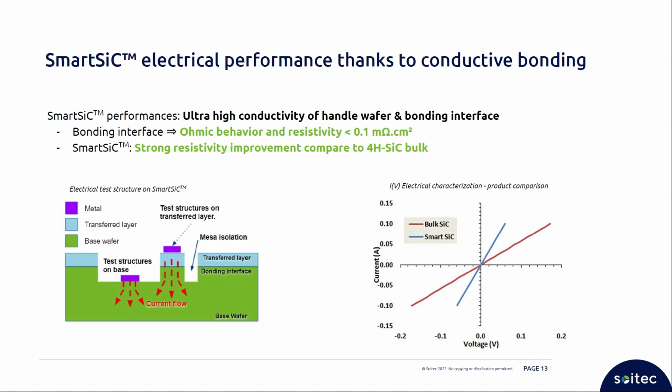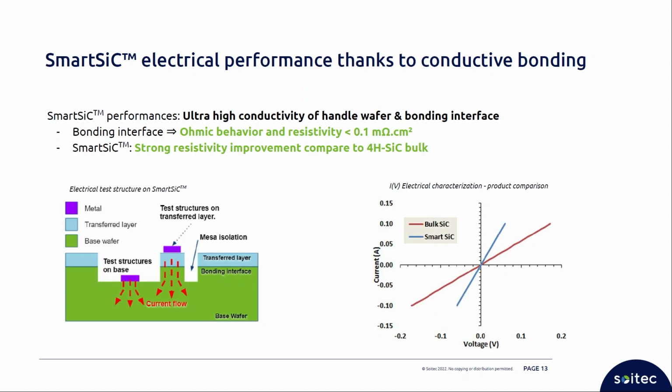Electrical conductivity is measured with dedicated methodology, where we generate and test structures, and then we measure the current flow under different conditions, and we confirm that we have an ohmic behavior of the bond. We confirm that we already see less than 0.1 milliohm square centimeters.